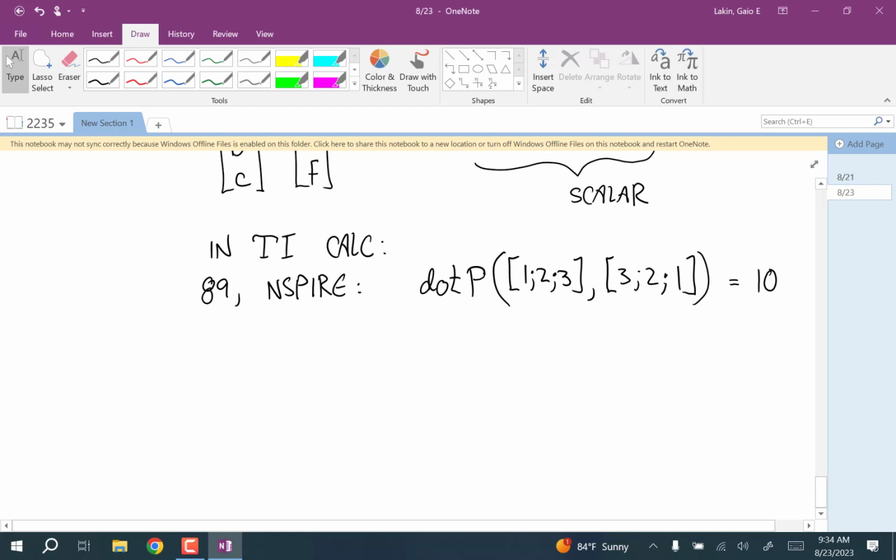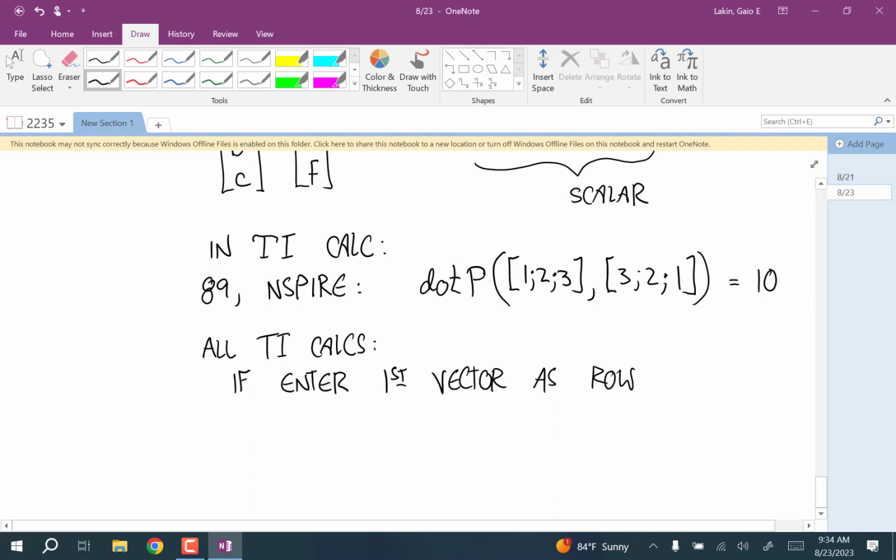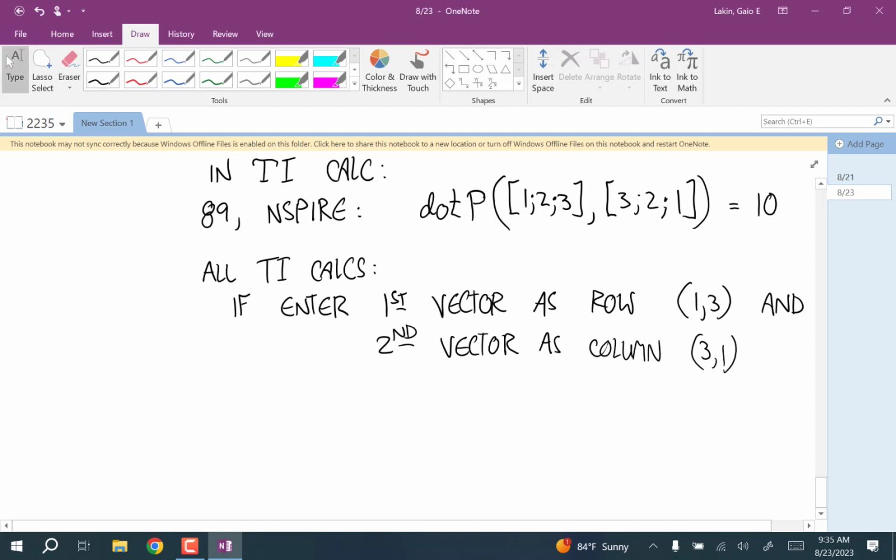On all calculators, if you enter the first vector as a row vector, so by that I mean a 1 by 3 matrix, and the second vector as a column, so that's a 3 by 1 matrix, you can just use the regular multiply button.